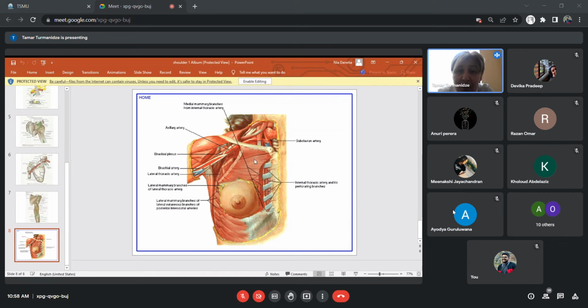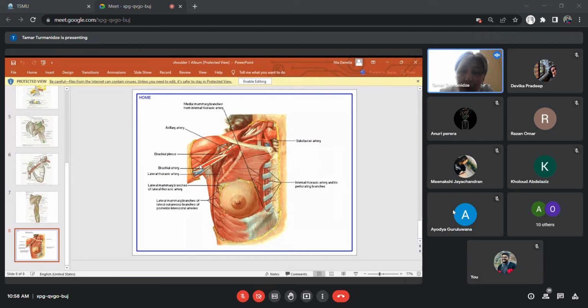It makes a compartment for the pectoralis major muscle. The pectoralis major muscle takes origin from three parts. It consists of the clavicular part, sternal part, and abdominal part, and it is attached to the sulcus of the humerus.